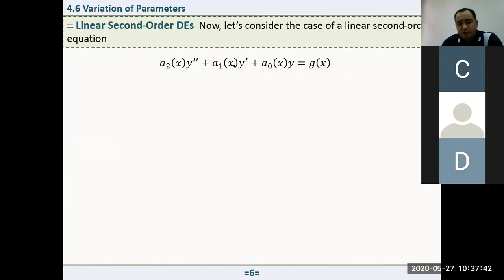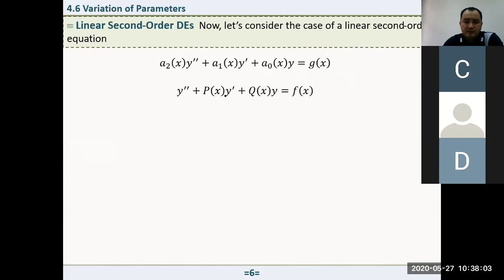And the first step, what did we do in the previous slide? We have to bring this equation into the standard form. And you know what we mean by standard form, right? Just dividing by the leading coefficient. If you divide both sides by a sub 2, I will have here a sub 1 over a sub 2, a sub 0 over a sub 2, and g over a sub 2.